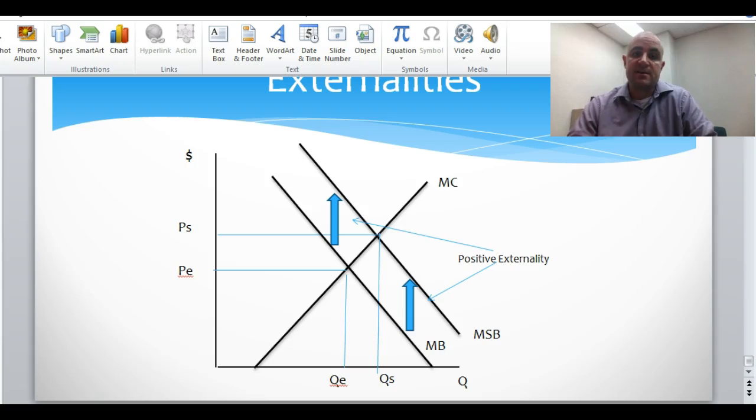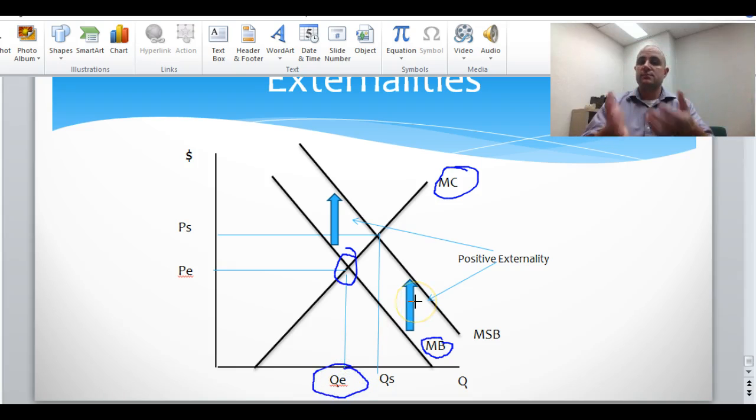So here we have a positive externality. And again, we have our marginal benefit and our marginal cost. Where they produce is where the two equal each other, because they're concerned with themselves. And so QE is where we produce. However, because there's a benefit to third parties, because of that external benefit, the marginal social benefit is higher.